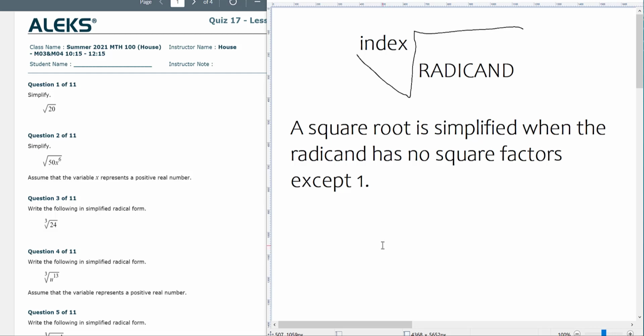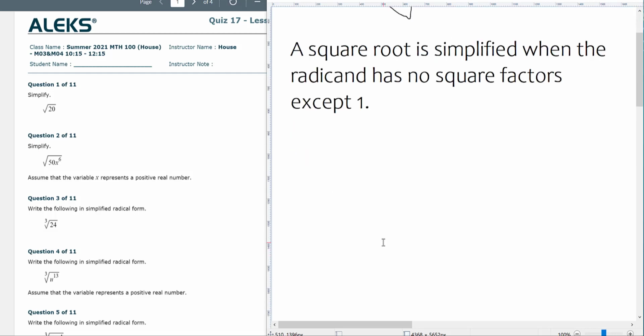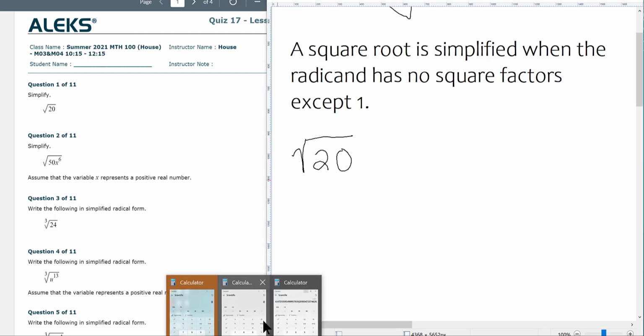We're going to start by simplifying a square root of 20. A square root is simplified when the radicand, that's the number inside, has no square factors except 1. The square root of 20 is what we call an irrational number. When you try it on your calculator, let me call up a calculator and let's do it.